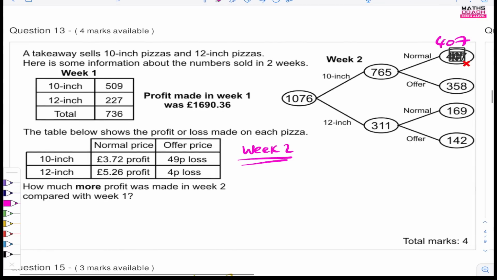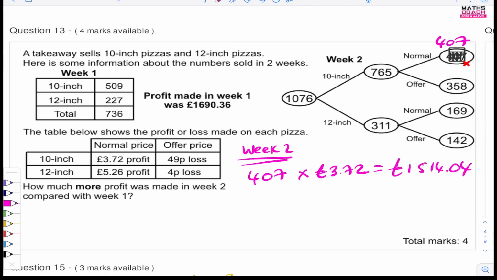Okay, so how many normal 10-inch pizzas do I have? I have 407 normal ones. So 407, that made me a profit of £3.72. So times by £3.72, work that out. So 407 times £3.72 is £1,514.04.